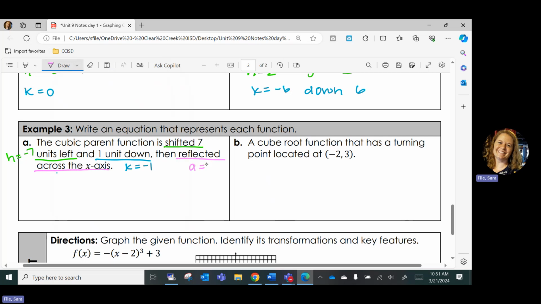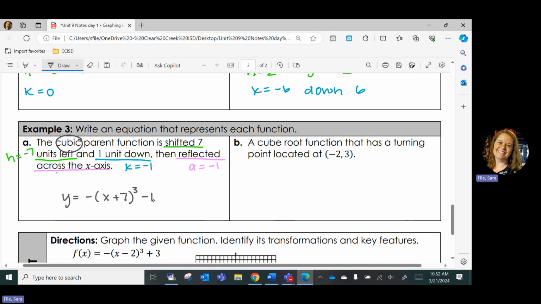So that tells me A is negative. They don't say anything about a stretch or a compression, so it's a 1. So then you just write your equation with that A, H, and K. So it would be negative, and it's a cubic. So x plus 7 cubed, because remember you do the opposite of H, and then you're minus 1.